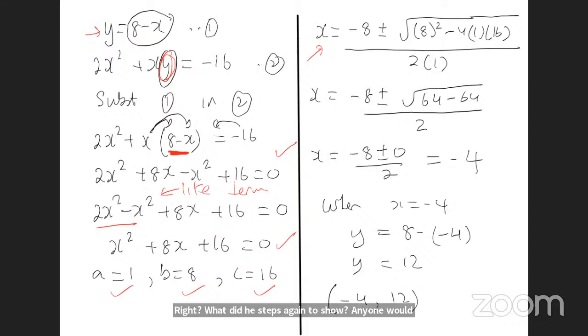Step number 1 is make y the subject. Step number 2 is substitute for y. Step number 3 is expand it out and simplify it. Step number 4, solve the quadratic, and then solve for y. Okay? So make sure you understand those steps. So regardless of what they give you, you can manipulate it.